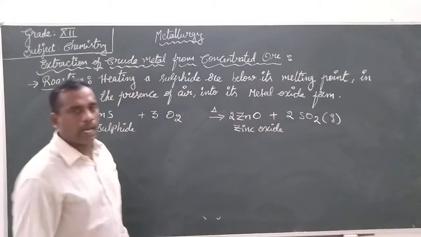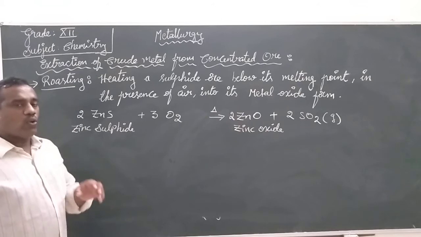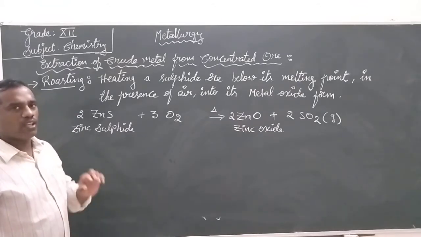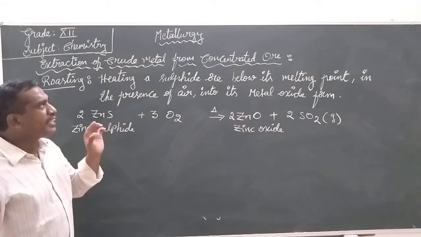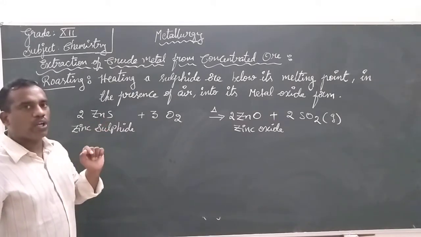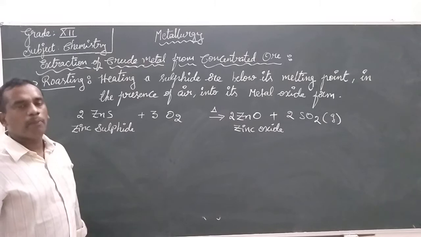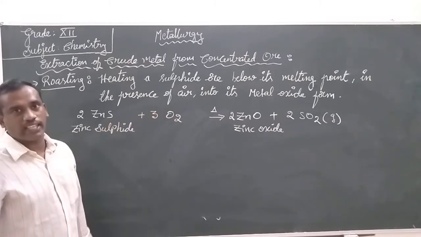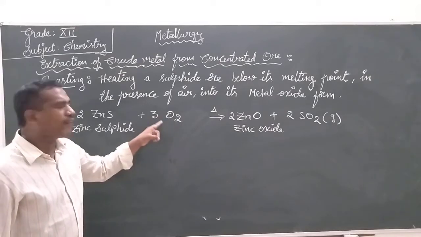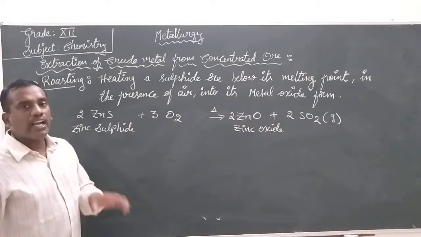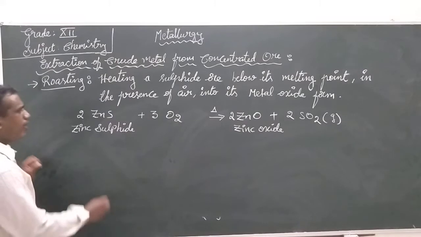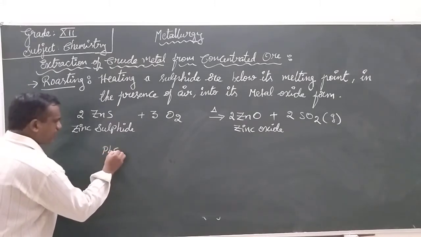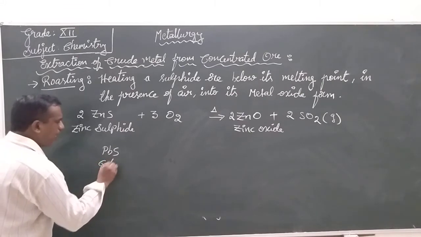It will escape. So in this roasting, what are we doing? We are heating the sulfide ore below its melting point in order to convert it into its oxide in the presence of oxygen. There are many examples here. We can use PbS, galena or lead sulfide.